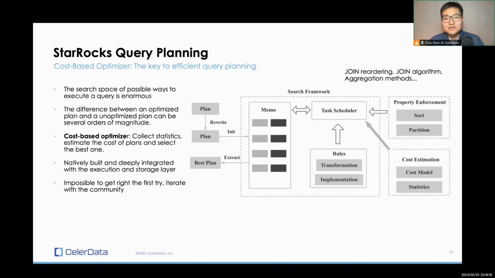It's really impossible to get a query planner or query optimizer right the first time. Thank God StarRocks is open source, so we have a ton of users who helped iterate on this feature over the past few years, and now it's really mature and able to deliver this amazing join performance for all of the StarRocks users.